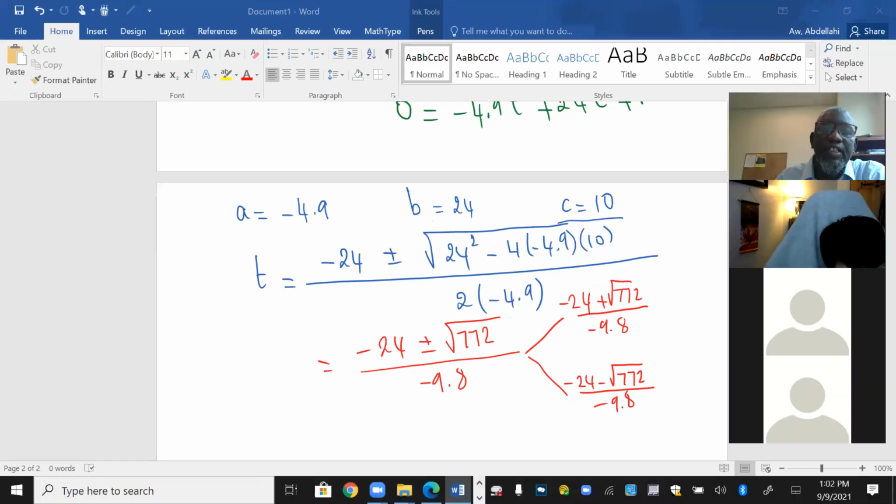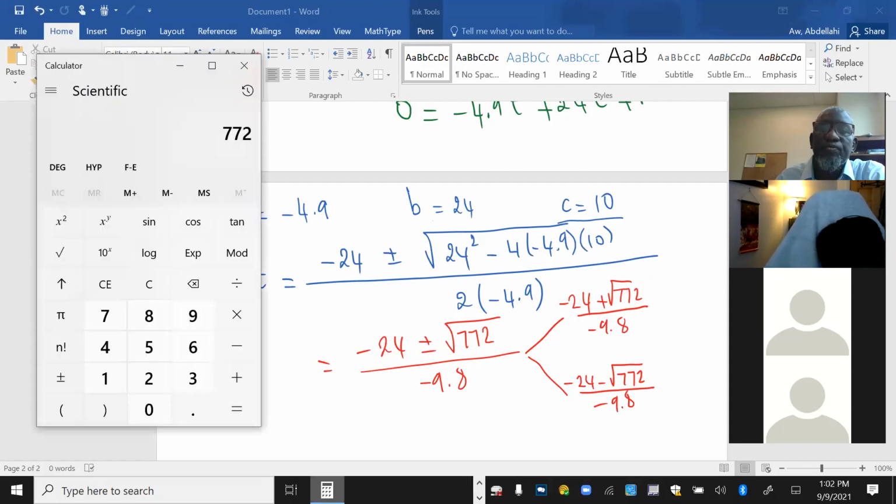I have a calculator right here. The first one: negative 24 plus the square root of 772, divided by negative 9.8.